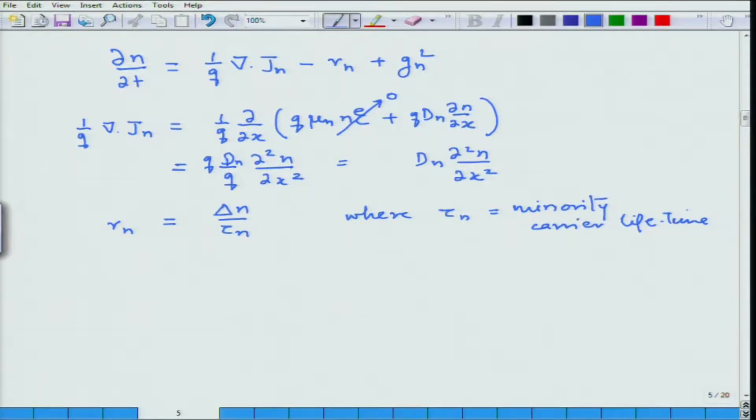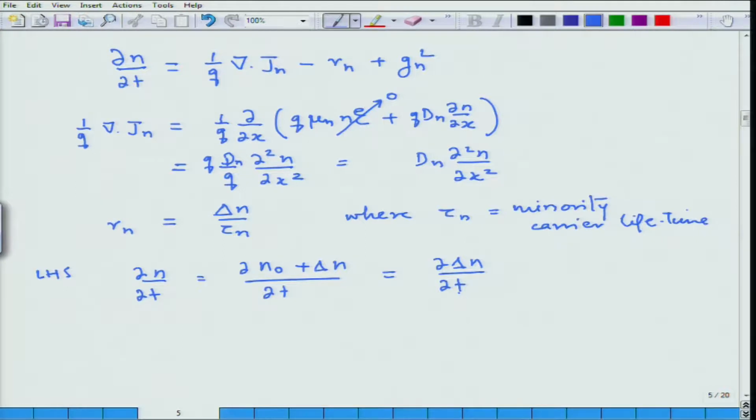Simplifying this to this situation, we can write the left hand side of this equation. Del n del t is nothing but equilibrium concentration plus the excess concentration, divided by del t, and since the equilibrium concentration is not changing with time, this would be simplified to the excess carrier concentration del t.